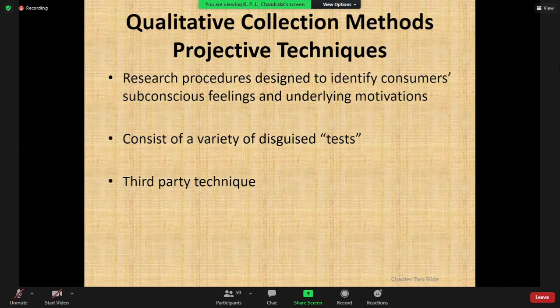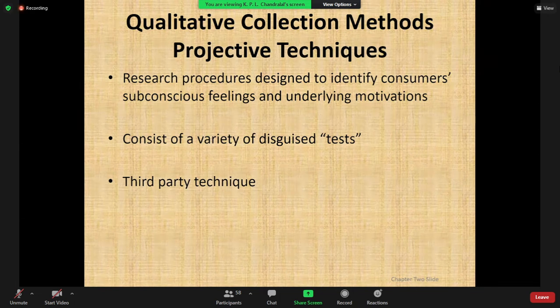Third party technique. Right? But eventually he is projecting his feeling, his opinion. He is telling that it is not my opinion, that's my friend's opinion. But actually he is telling what he's thinking. We can ask, what about your neighbors?